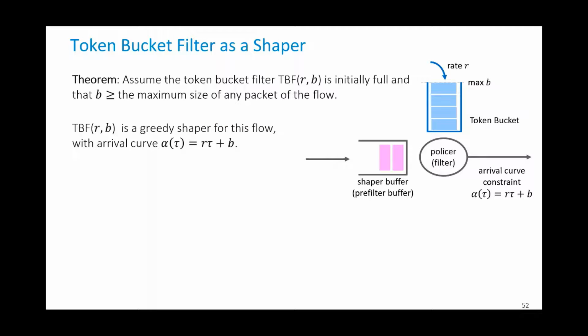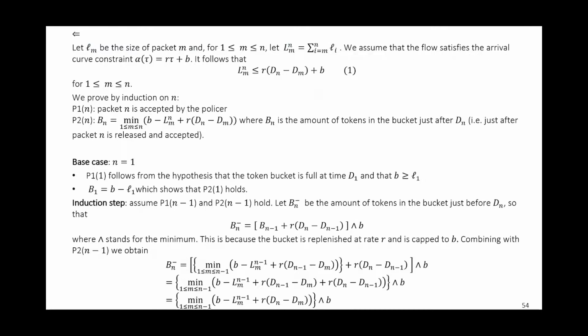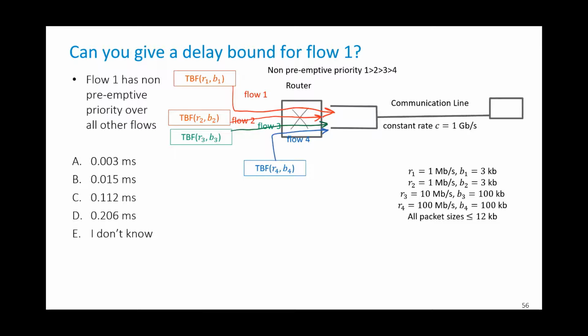In practice, very often, if we want to put arrival curve constraints, we will put linear arrival curve constraints. And if we want to enforce them, we will use token bucket filters that are easily implemented. They are implemented in all Linux-based operating systems, for example. Here's the proof, which is elementary, but I skip.